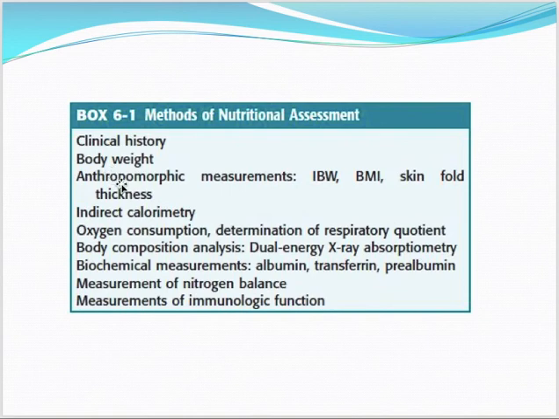One way to assess the nutritional status of a person is by body weight. Body weight doesn't mean that if someone is obese, his nutritional status is good. It doesn't mean that, but of course anyone whose weight is less than normal is malnourished, right?